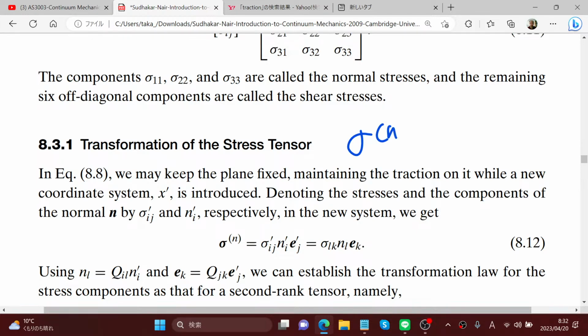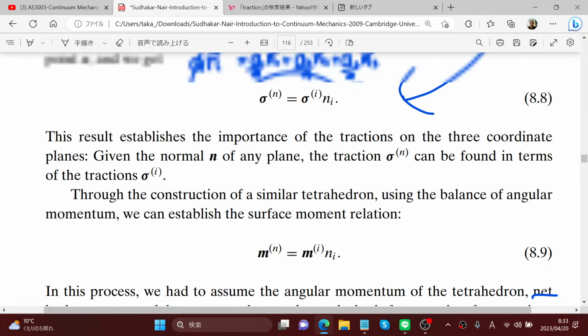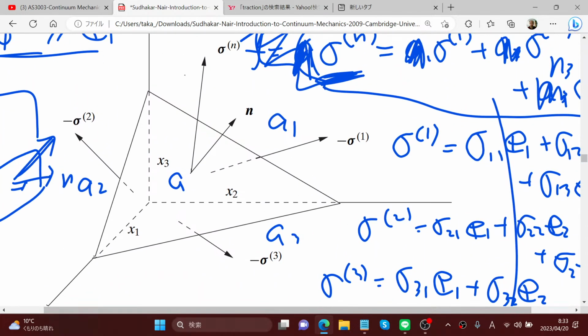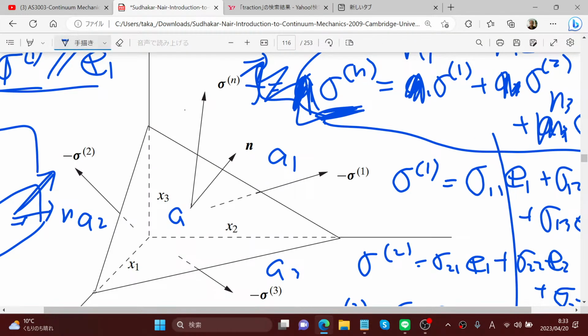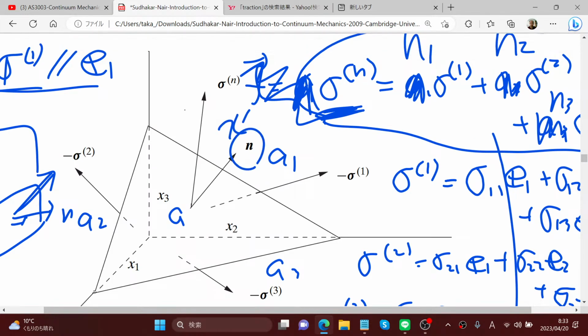Sigma n is sigma i n i. Where is x prime? I'd say this is x prime.